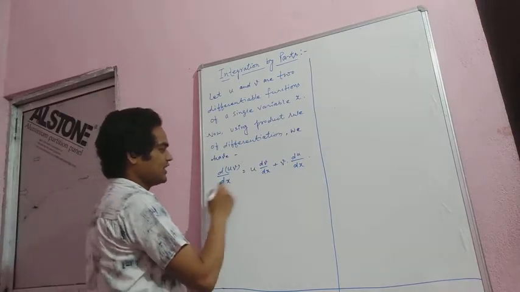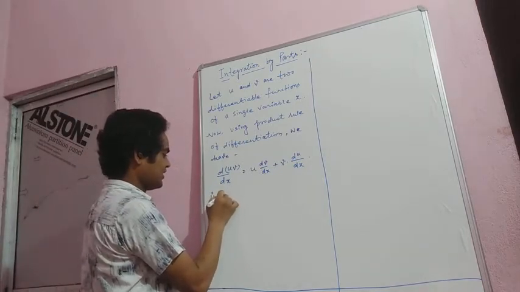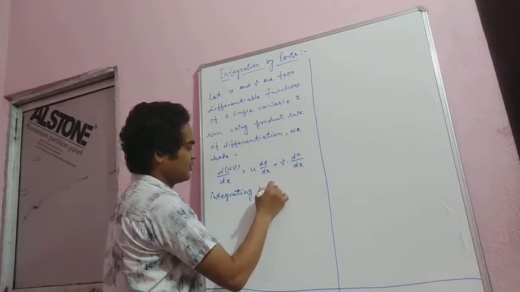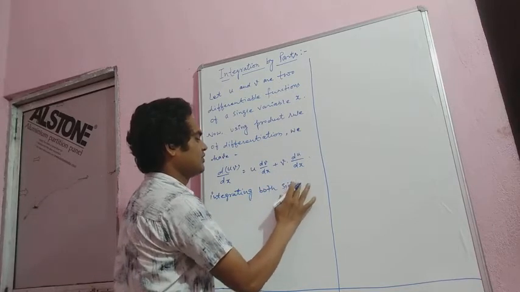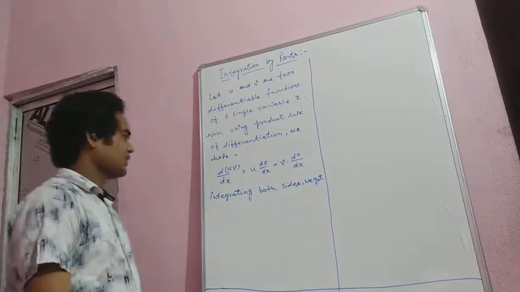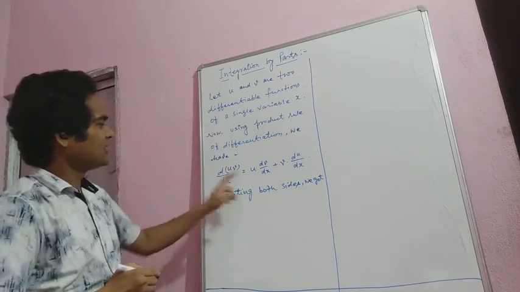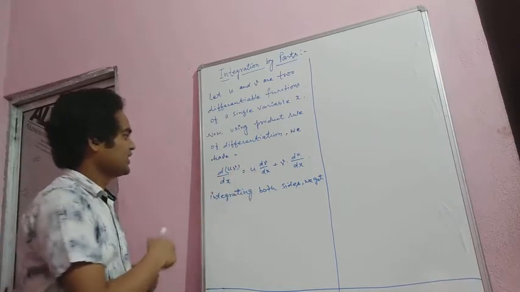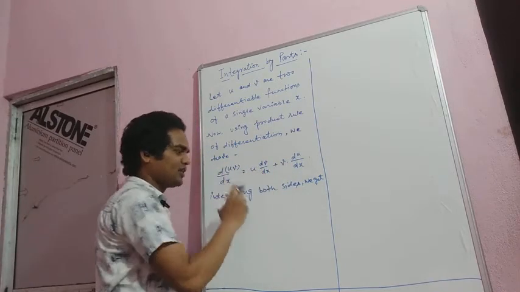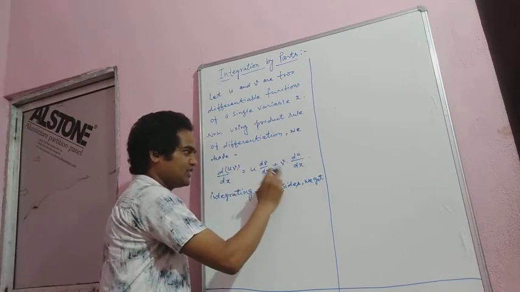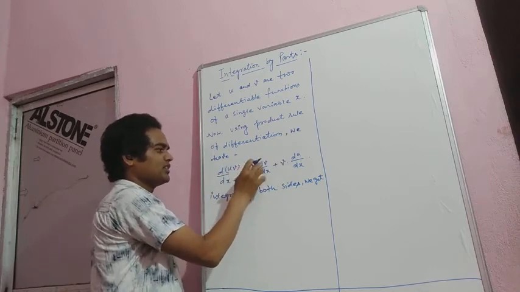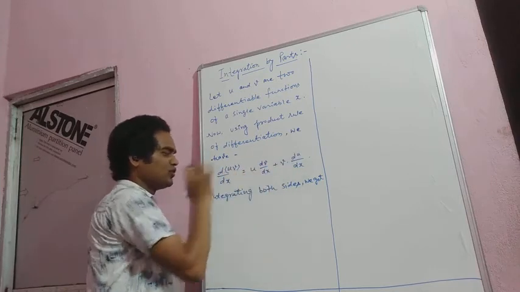Now, students, integrating both sides, we get, as per the definition of integration, if the derivative of u into v is equal to this, then the integral of this part will be u into v.